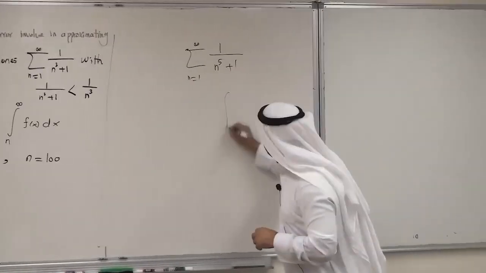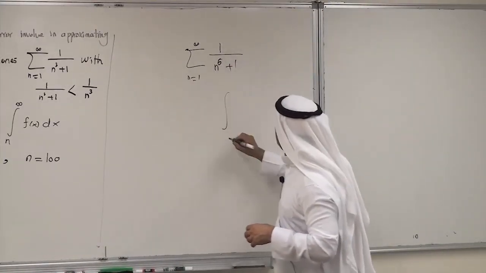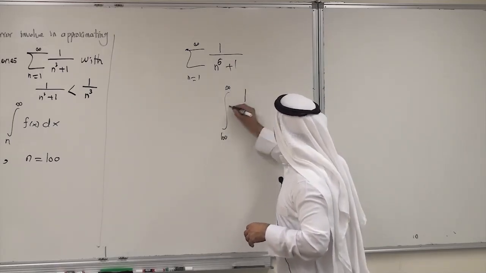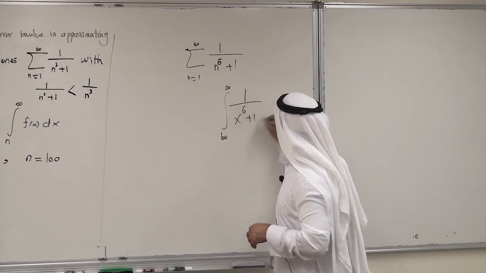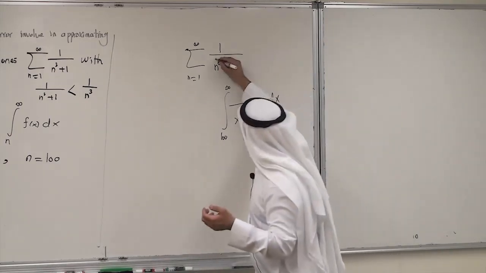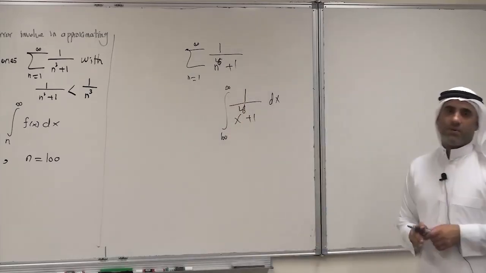Imagine you need to integrate, or n to the power 4, or n to the power 6, or whatever. Integrating from n to infinity, 1 over x to the 6 plus 1 dx is not straightforward. If you have n to the power 4 plus 1, this is not straightforward.